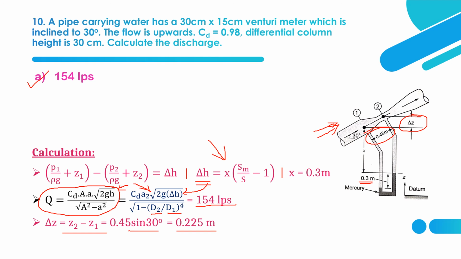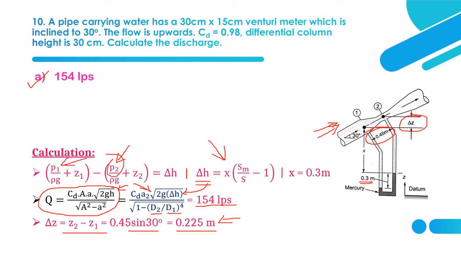And if they ask to find the pressure at the throat region by giving a P1 value, for example 50 kilopascal in the pipe section 1, we have to find the P2 value. Then we can use this del Z value to find the P2 value.